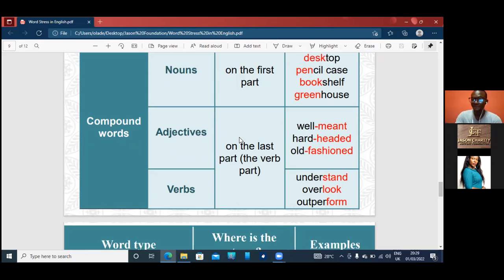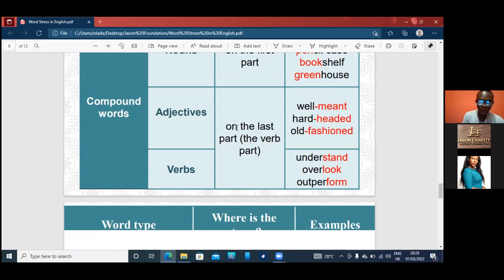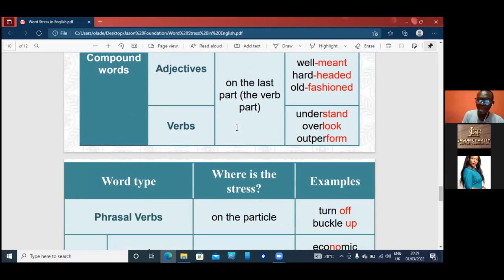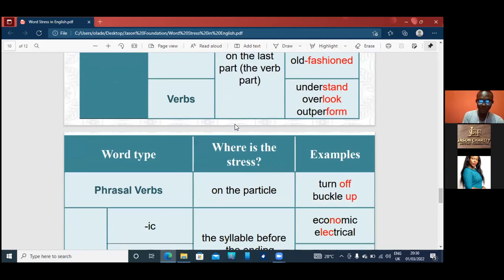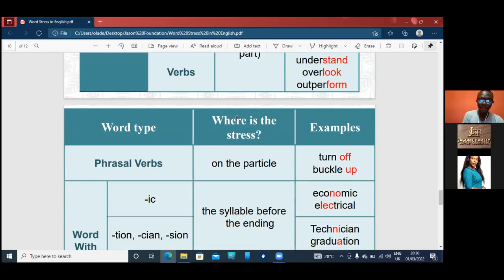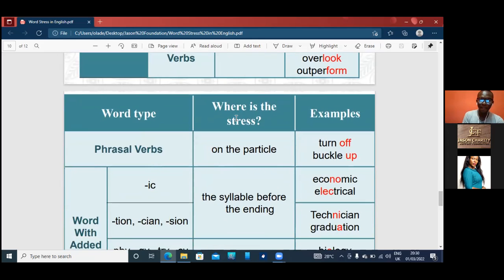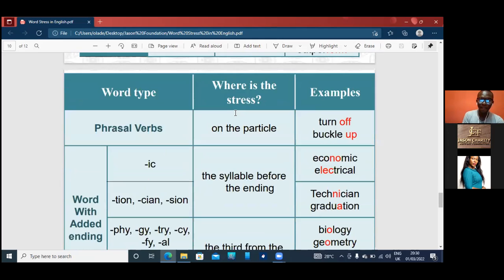You have also the verbs. I am going to cite some examples. I'll try to use my screen whiteboard later, but let's finish this. I don't know if you understand what a phrasal verb is. A phrasal verb basically is the combination of a verb and a preposition or adverb of position.